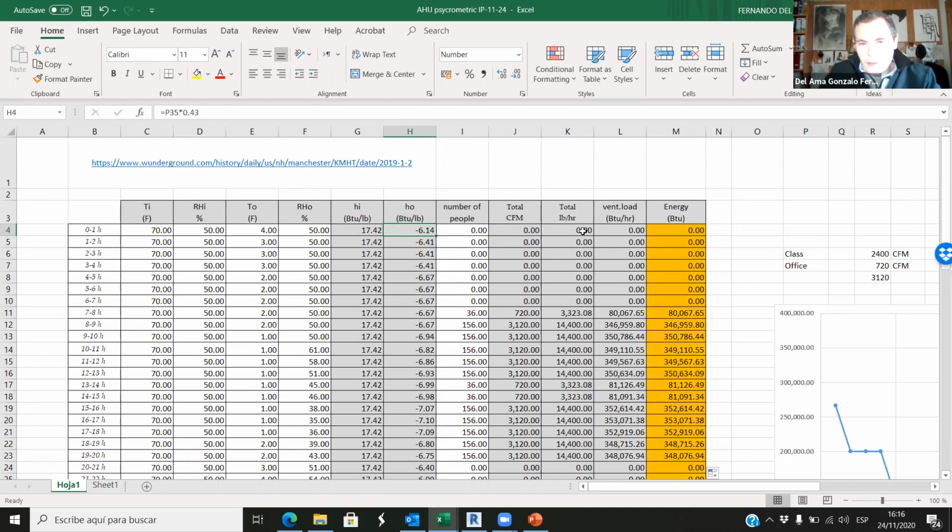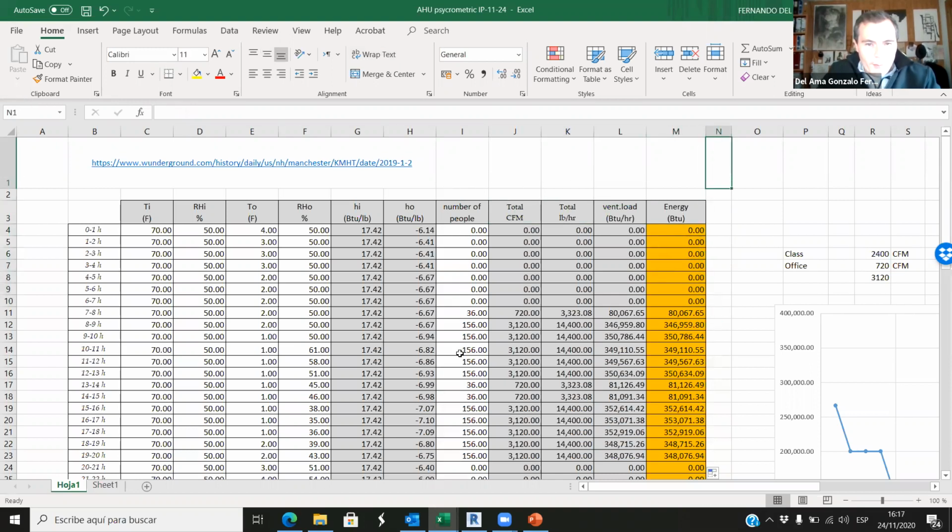And this is the specific volume, I think. No, see, I think this is the pounds per hour. And then we have the ventilation load. Oh, this is not the specific volume. This is the CFM turned into pounds per hour because we need BTU hours here. Okay, and then we have the energy.